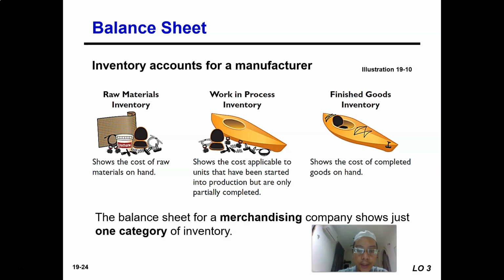Lecture on manufacturing operations. In the previous video we showed how to calculate the cost of manufacturing using a schedule, and that cost of manufacturing will be used to calculate the cost of goods sold in the income statement.